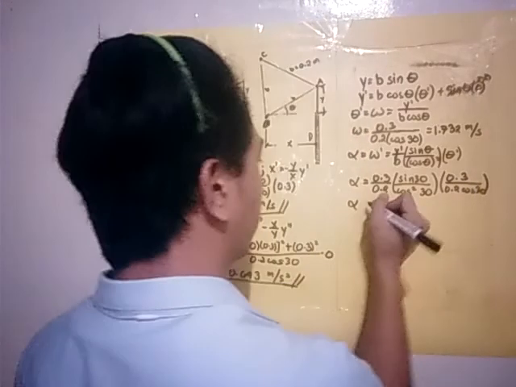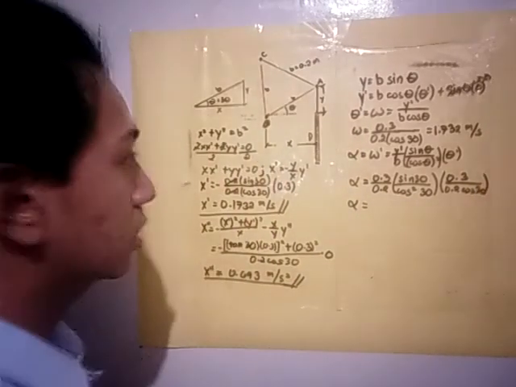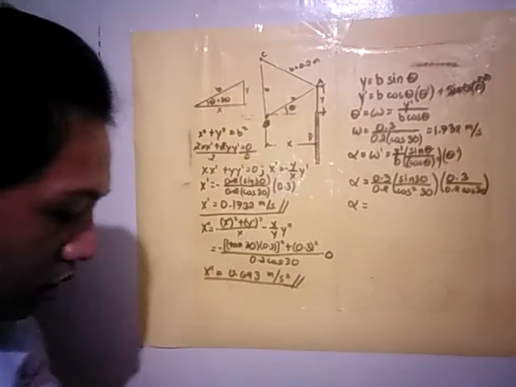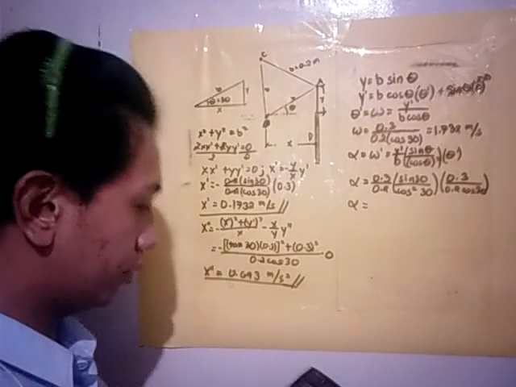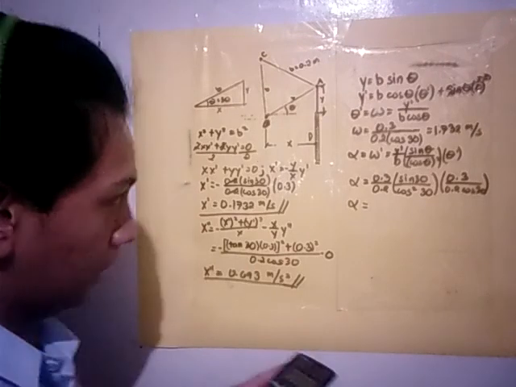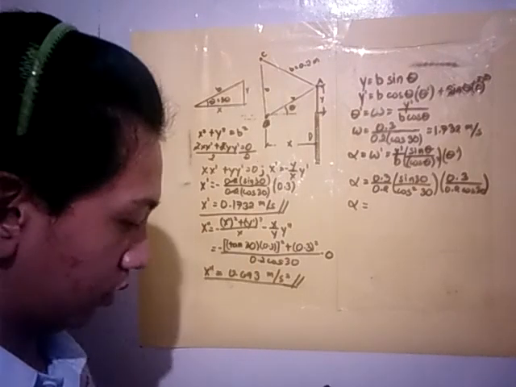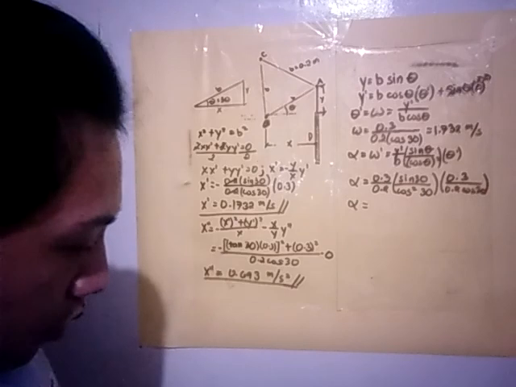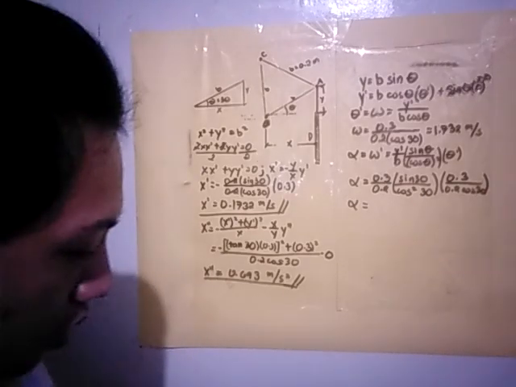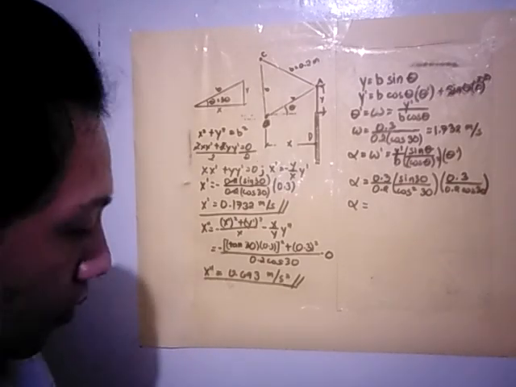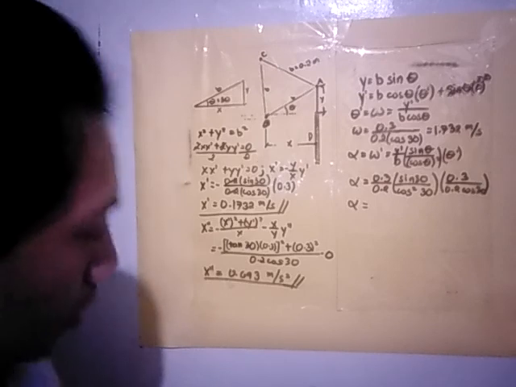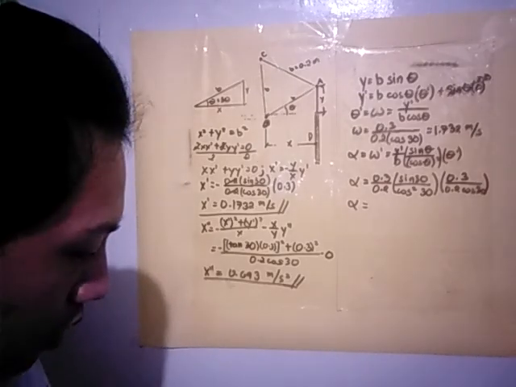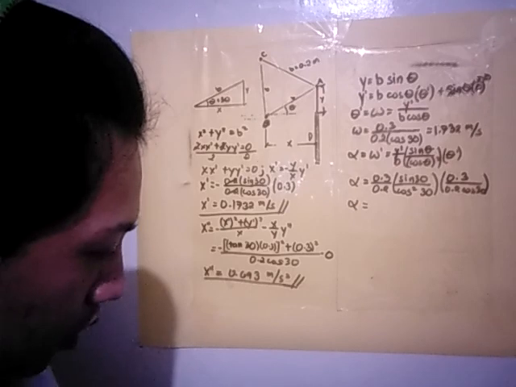So now our angular acceleration is equal to 0.3 divided by 0.2 times 0.3 divided by 0.2 times cosine 30 times sine 30, divided by cosine 30 square.